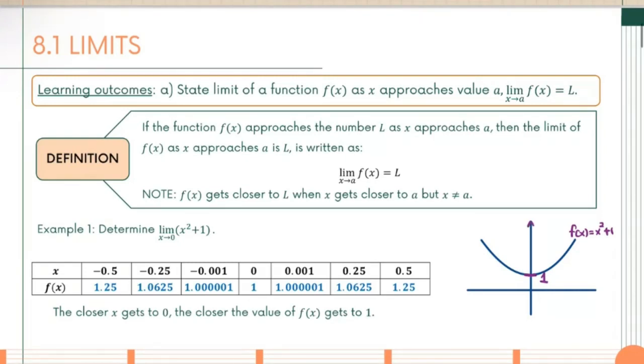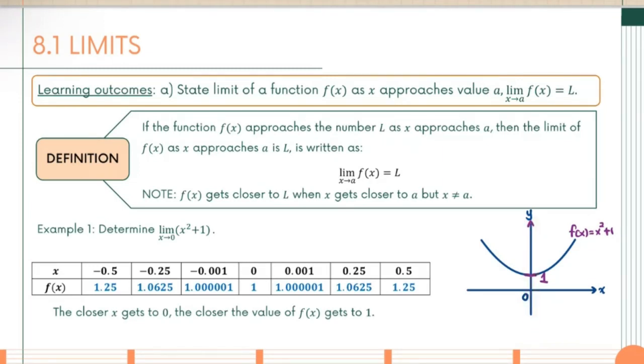So let's say ini adalah kita punya y dan ini adalah kita punya x. Okay, so determine the value of the function when x approaching 0. So 0 kita dekat mana, x kita sama kosong adalah di sini. Line ini adalah line x sama dengan kosong.